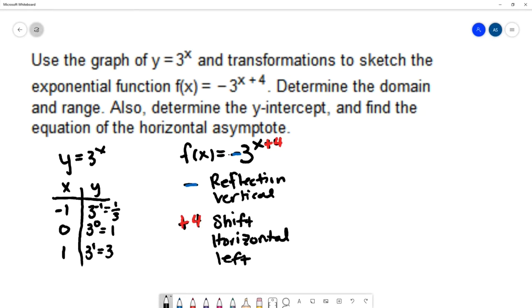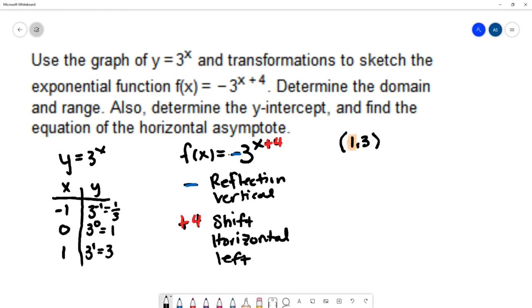So we want to think about these ordered pairs. Let's start with the ordered pair 1, 3. If we do a shift to the left, a shift to the left is going to affect the x-coordinate.